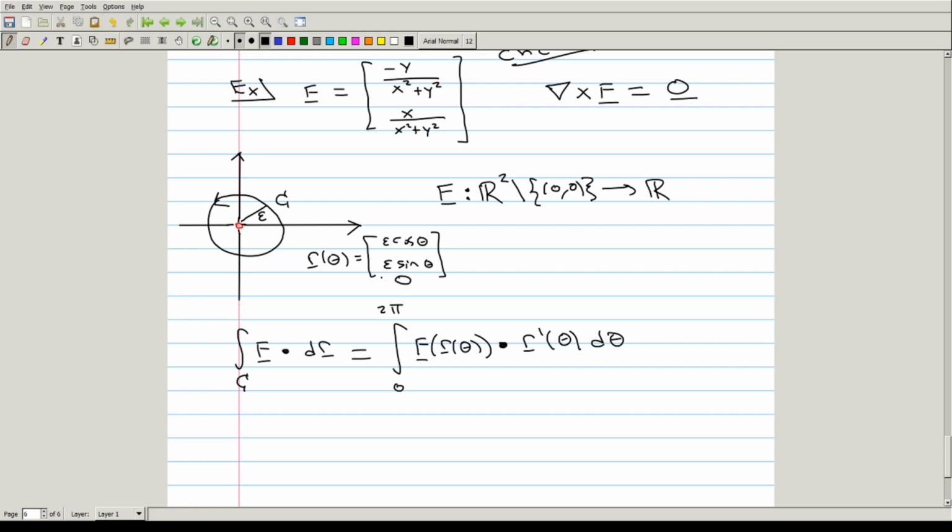If you want to think of this as in 3D, with 0 here because this is just a two-dimensional vector field. r prime of theta is going to be negative epsilon sine theta, epsilon cosine theta.